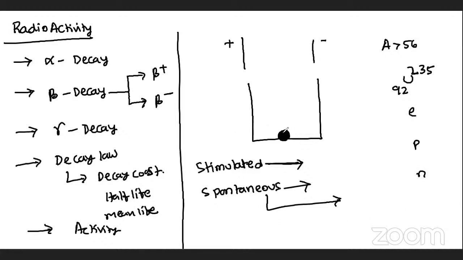Whenever the radioactive element decays, some radiations will be attracted towards the positive plate, some will be deflected towards the negative plate, and some may go undeviated.